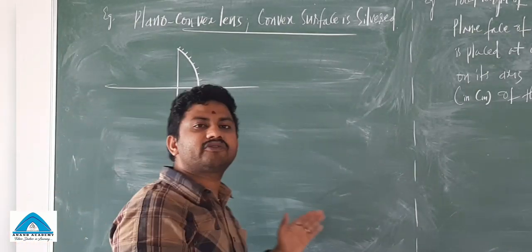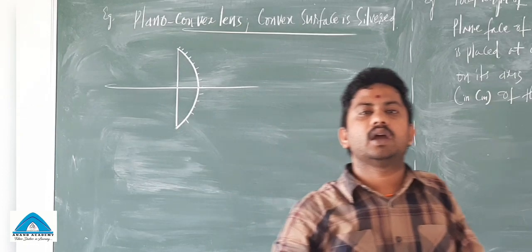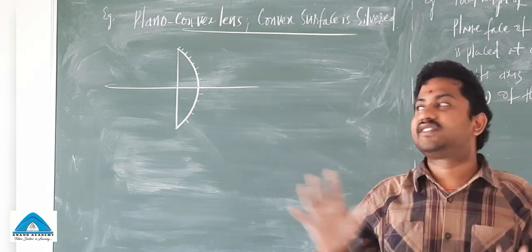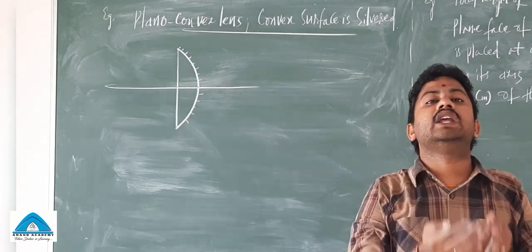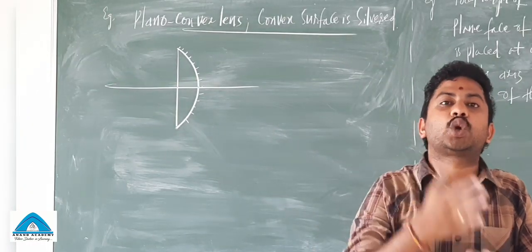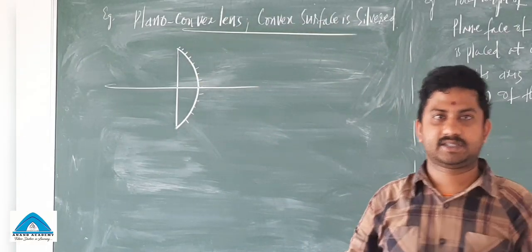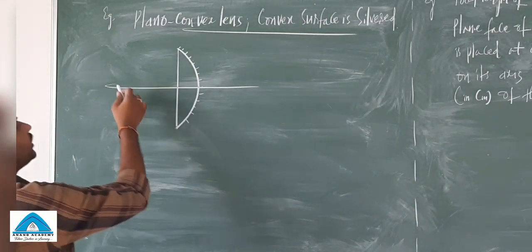If this mirror forms a real image, you can consider it a concave mirror. If this system finally forms a virtual image, you can consider it a convex mirror. Let us check first how simple it is.